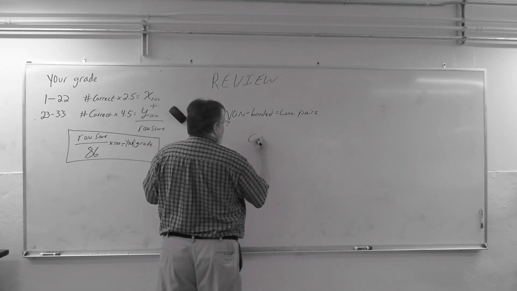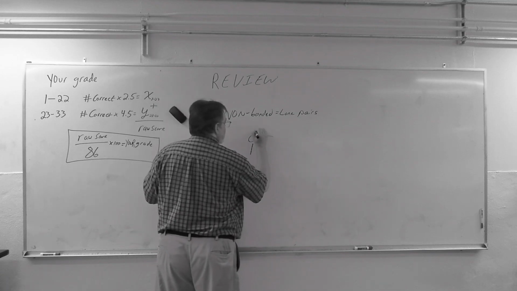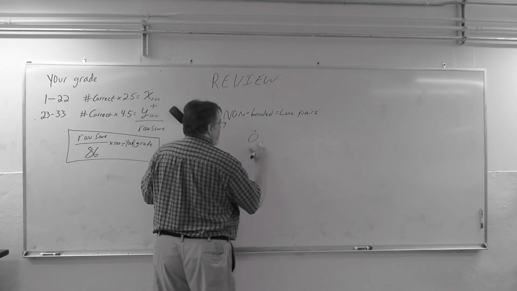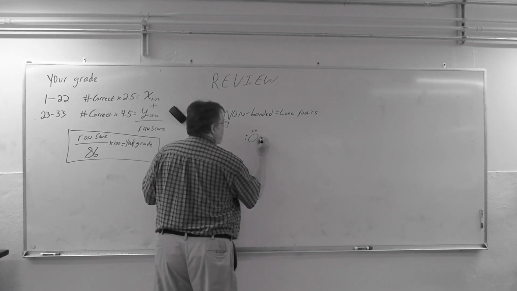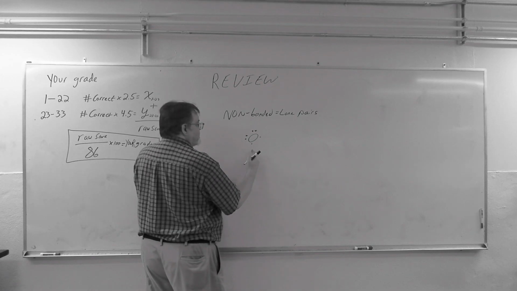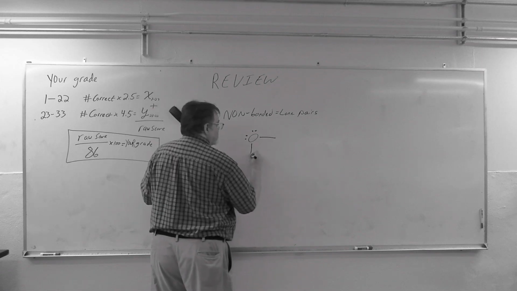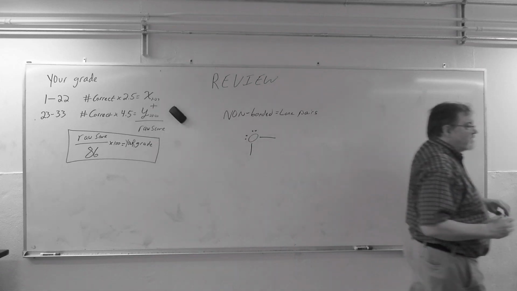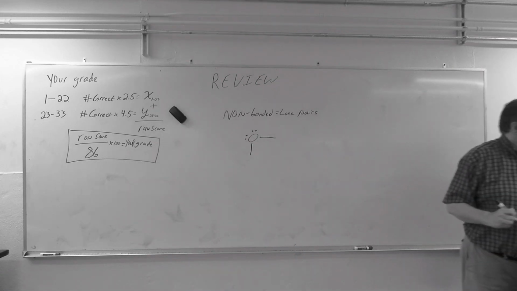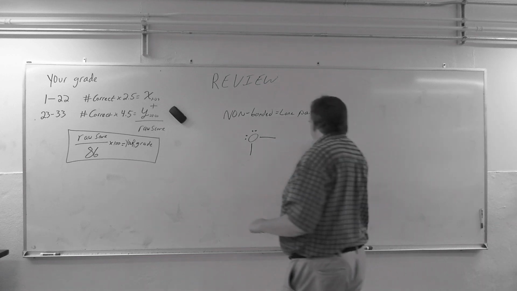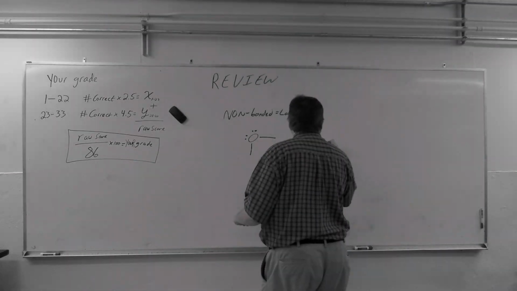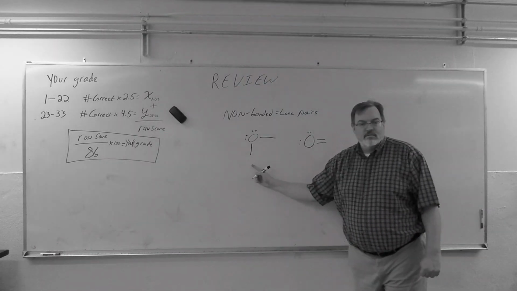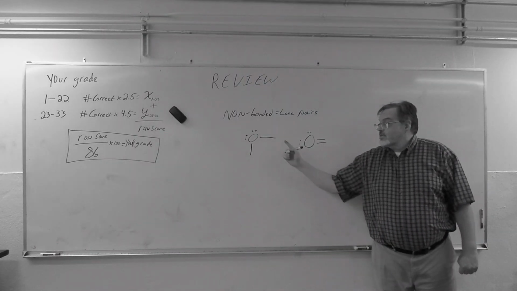But whenever you have oxygen on two things, the Lewis structure for oxygen is this. And these two single ones are what make the bonds. And there's two oxygens. One of the oxygens is double bonded. But these are the missing electrons.